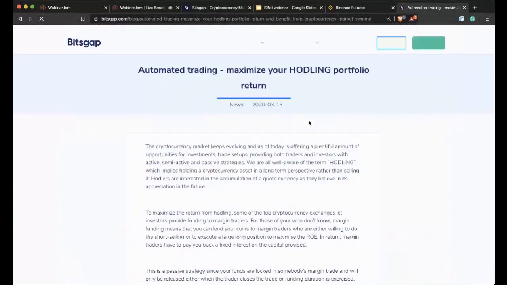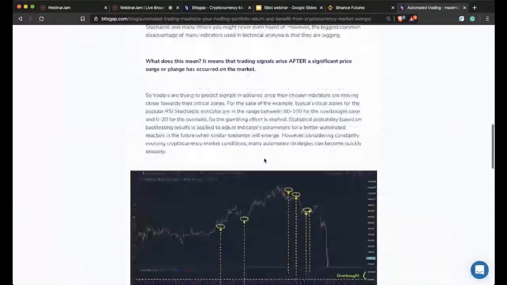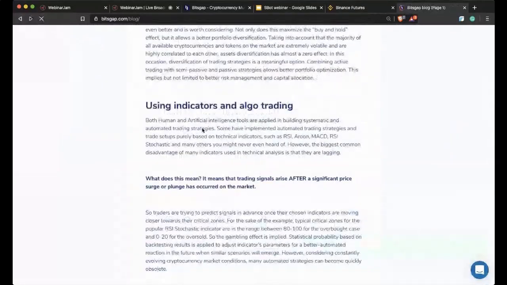Here are some samples. No, actually, that was the first one.